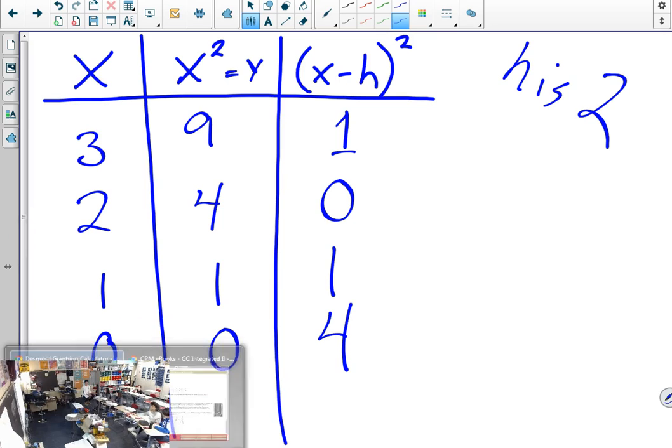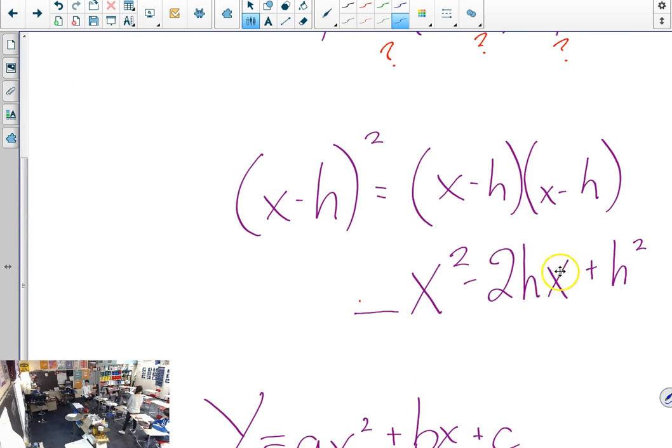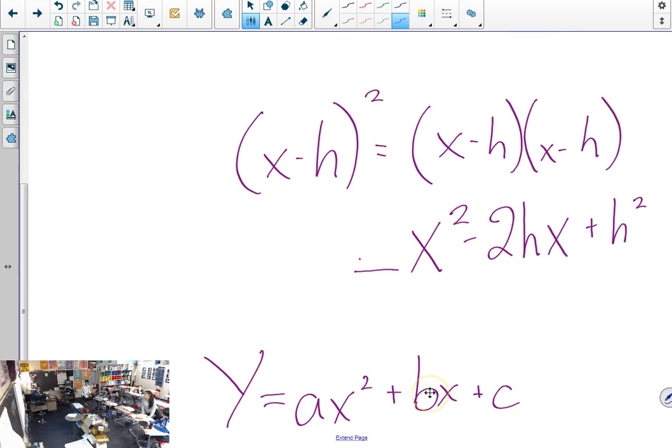That was when we were looking at the parent function, and the reason this b makes it move in a parabolic arc is that b is not just a single modifier. That b is a derivative of this. This b is actually the opposite of 2 times the h value, and the h is already also affecting the parabola through a vertical change.